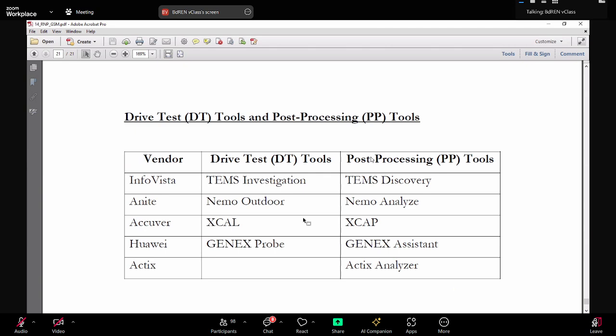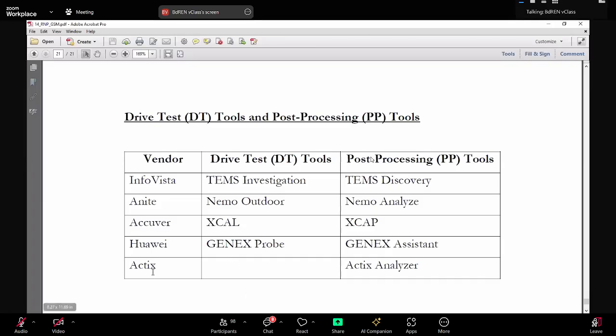But the data can also be further processed to actually determine a few things, and the tools which are used to process the data collected by the drive test tools are called post-processing tools or PP tools. So I'm listing the popular tools here from different vendors.